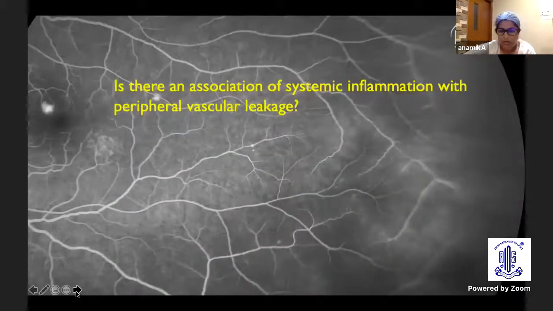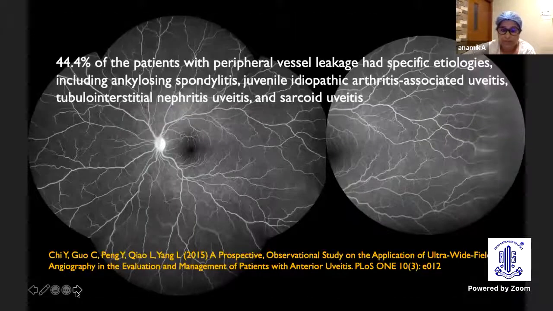So now we have seen a case of anterior uveitis where we saw peripheral retinal vascular leakage. How about an association with systemic inflammation? Do we have scientific evidence for that? Yes, there is a study which I would like to quote, where peripheral retinal vascular leakage was found in about 44% of the patients with anterior uveitis, with associations with ankylosing spondylitis, JIA, TINU, and sarcoid uveitis.